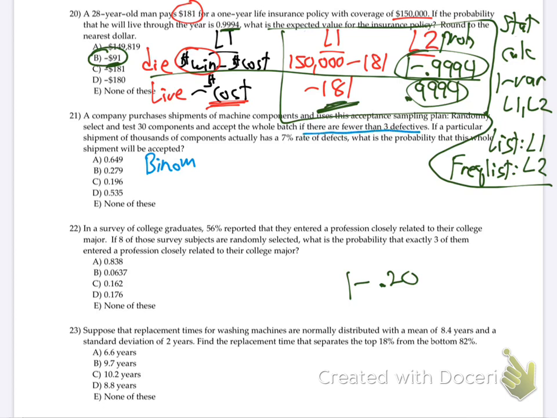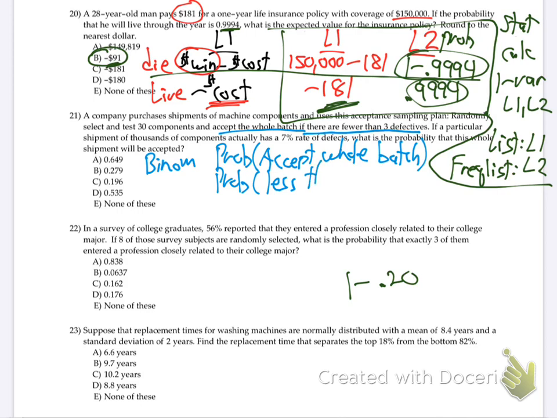If there are fewer than 3 defectives, what? They accept the whole batch. So they're saying, what's the probability that they're going to accept the whole batch? Well, that's the same thing as asking the probability that there are less than 3 defectives, huh?